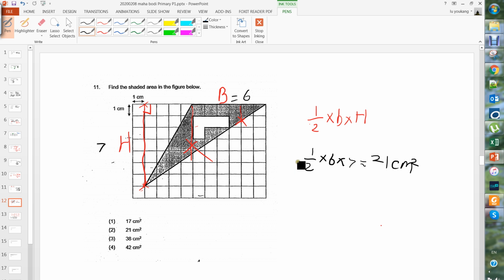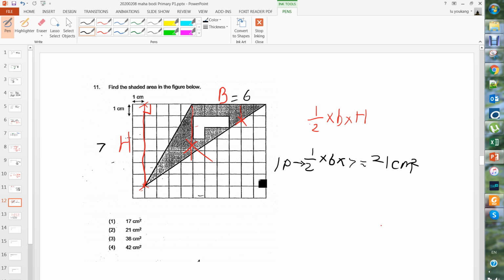Move. One piece. Done. Arrow. What's the meaning of one piece? The whole figure? This whole thing? No, the triangle. Oh, okay, good.